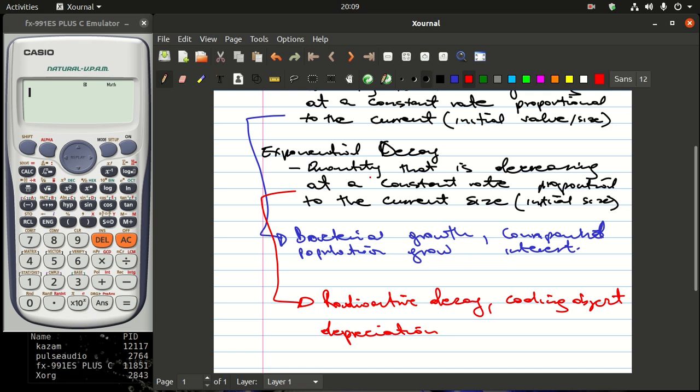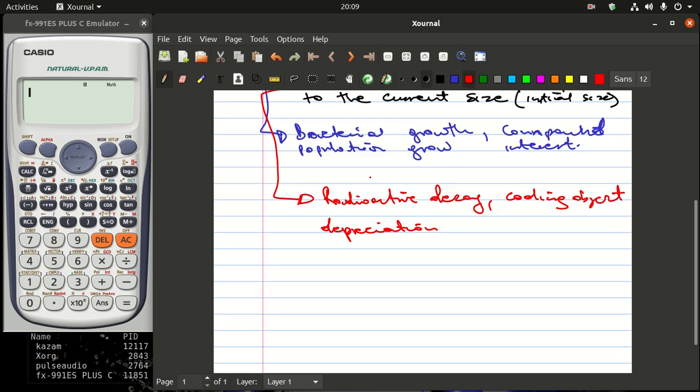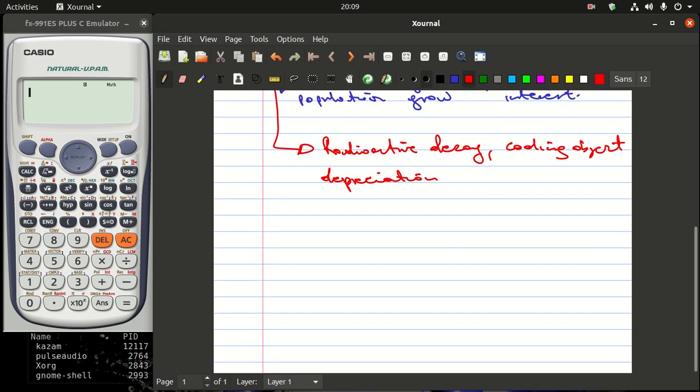If you can measure how much carbon-14 is left, then you can see how long that organism lived on planet Earth. And in most cases, we find this carbon-14 in a bone. So that's one of the applications.